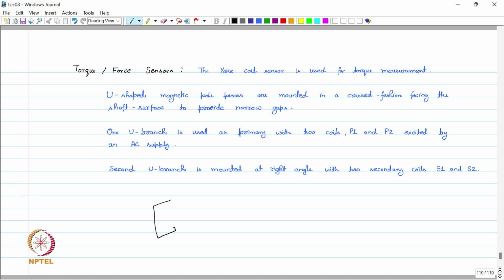This is one primary, and on this primary we have two coils, one wound on one side here and one on the other side here, and we excite them using an external electrical signal.